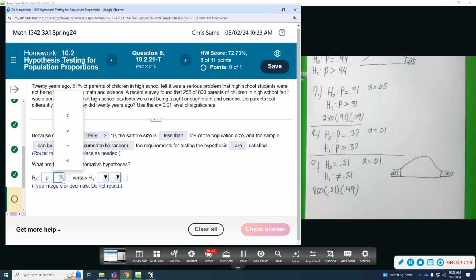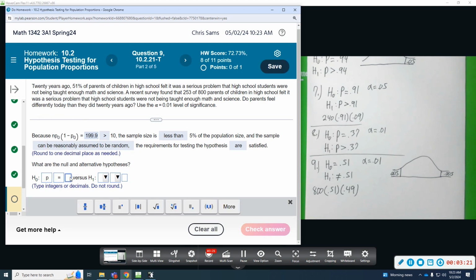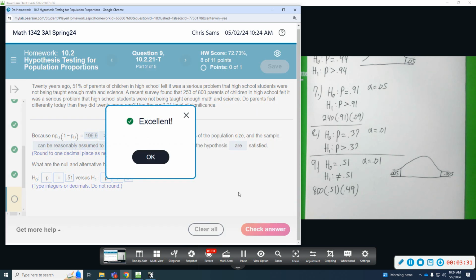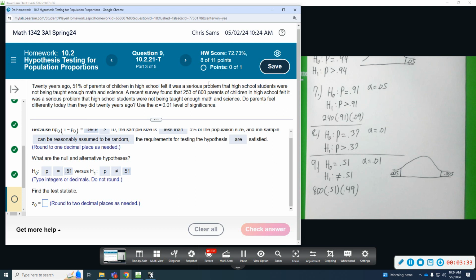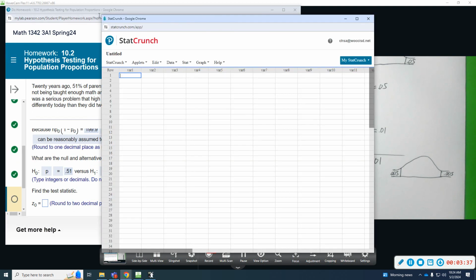Null is going to be equal to 0.51. Alternative, not equal to 0.51. Just want to know if they feel differently this time. And then going to StatCrunch to finish the test.